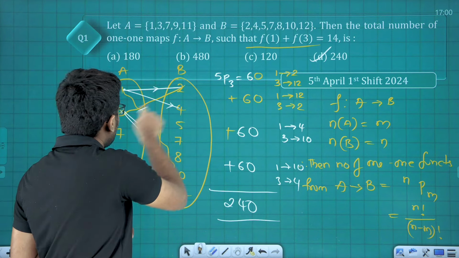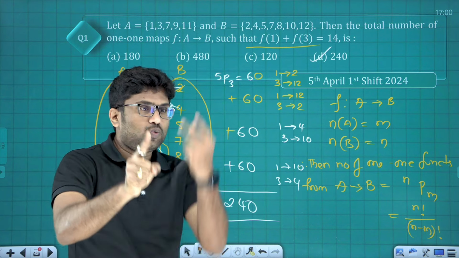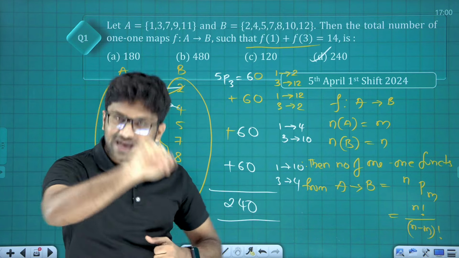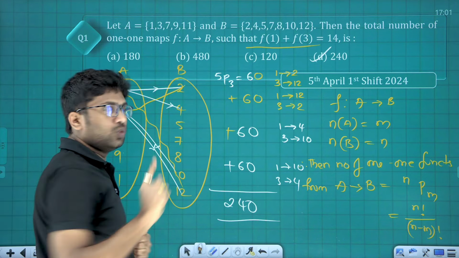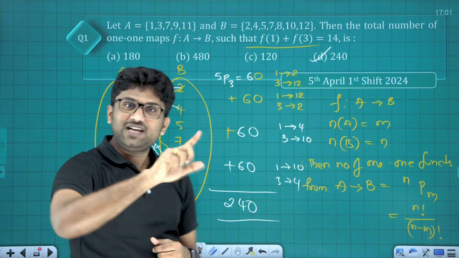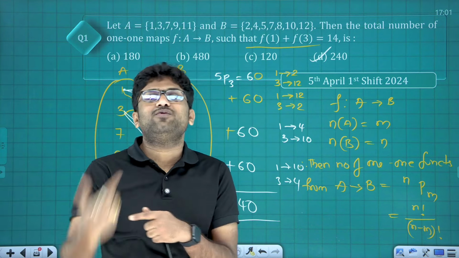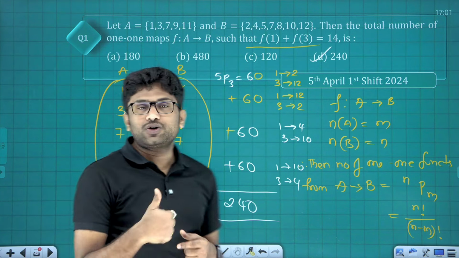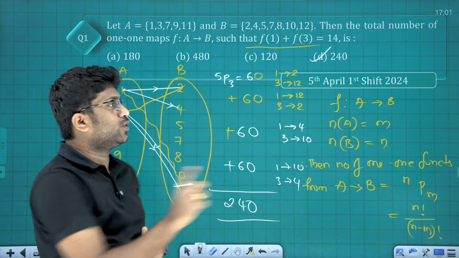When 1 maps with 2 and 3 maps with 12, this can be done in only one way. 1 into 5P3, 60 cases, plus the reverse, 1 with 12, 3 with 2, 60 more. Next, 1 with 4, 3 with 10, 60 more. Again, the reverse. So total 4 times 60, 240 functions from A to B.